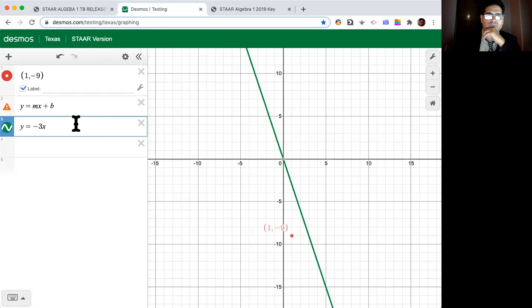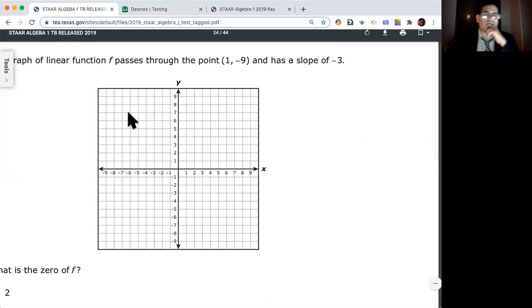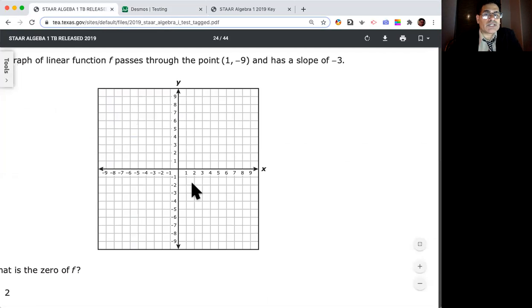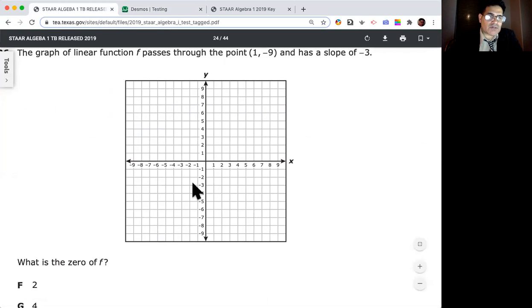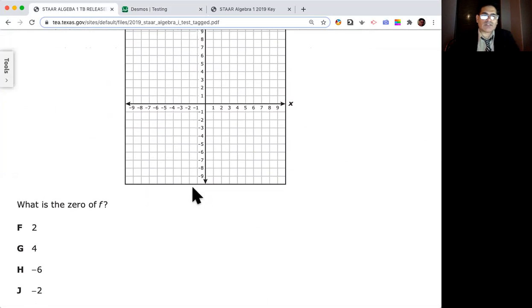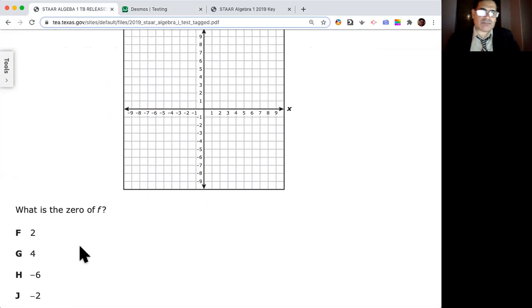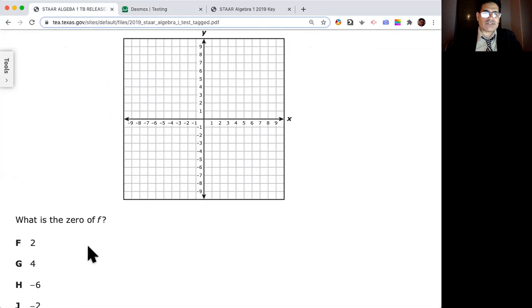So the graph of the linear function f passes through (1, -9) and has a slope of -3. Well, we have these values here, so let's plug them in. What is the zero of f?